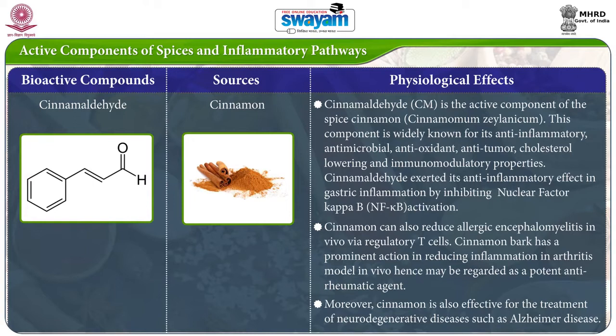Cinnamon can also reduce allergic encephalomyelitis in vivo via regulatory T cells. Cinnamon bark has a prominent action in reducing inflammation in an arthritis model in vivo, hence may be regarded as a potent anti-rheumatic agent. Moreover, cinnamon is also effective for the treatment of neurodegenerative diseases such as Alzheimer's disease.